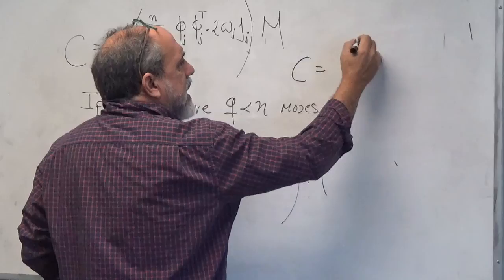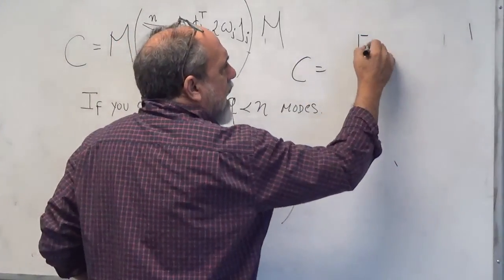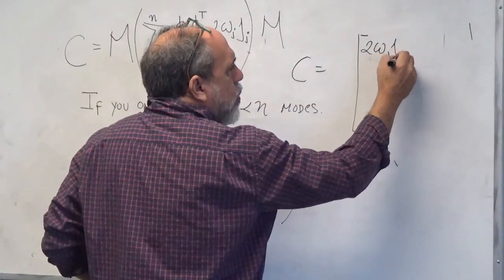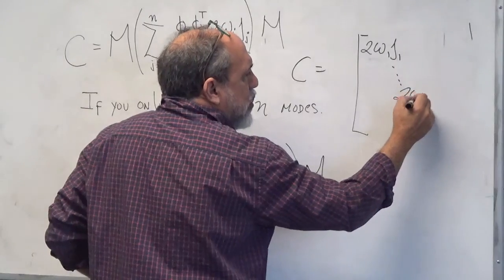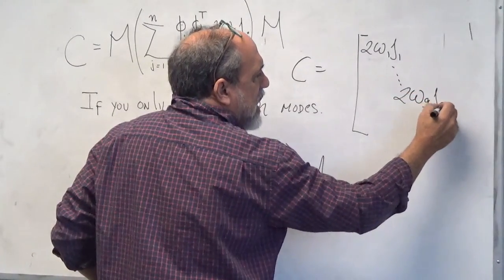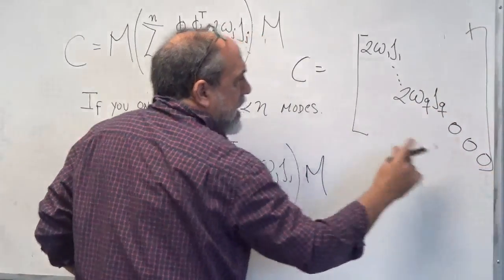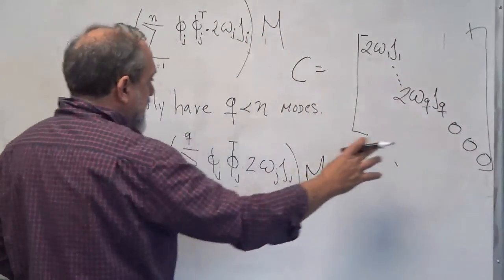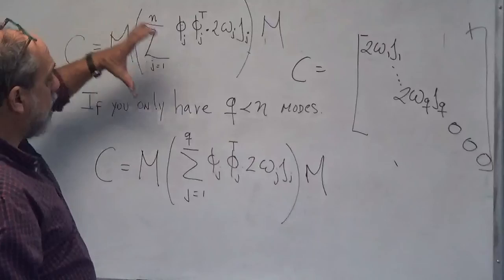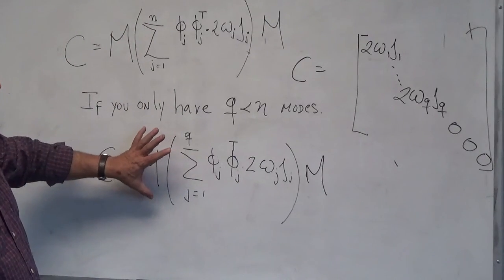What I mean is that, if you have 2 omega 1 psi 1, and then 2 omega Q psi Q, and then you put zeros for everything else, the exact matrix is just what you get by summing Q terms of this part.